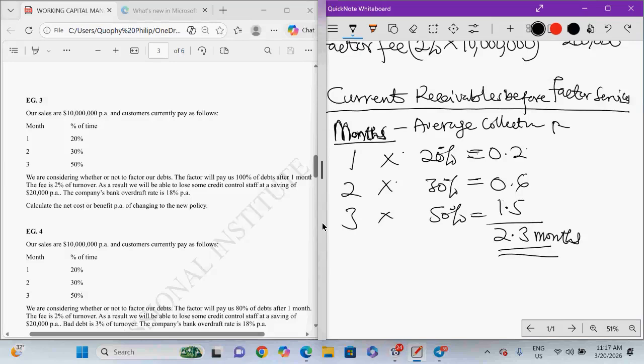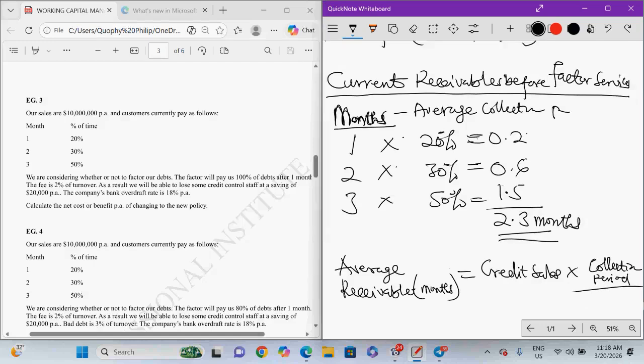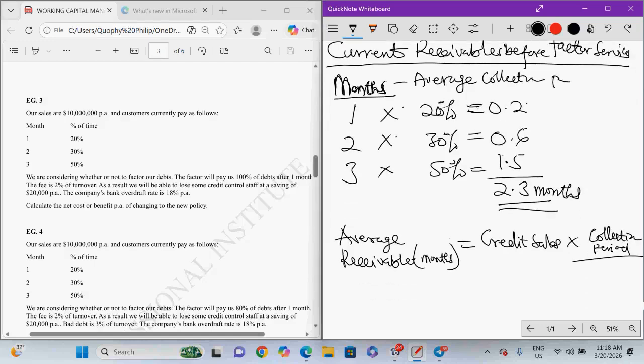Not days. Okay. So then what is our average receivable in months? Average receivables is the credit sales times the collection period over the 12 months.